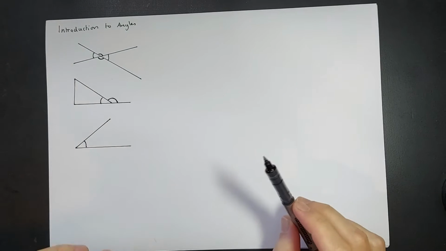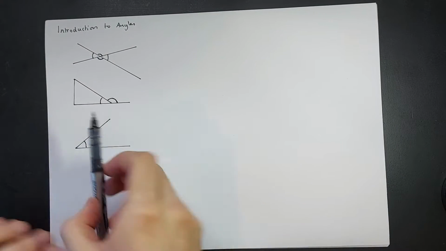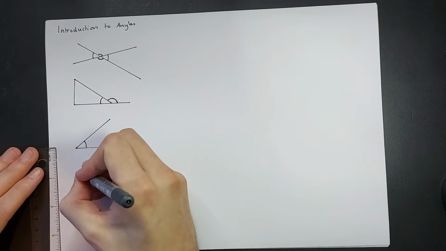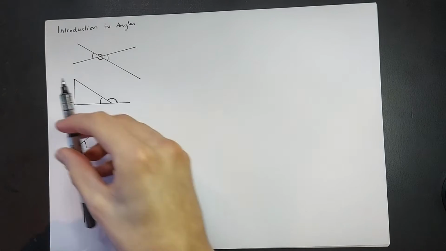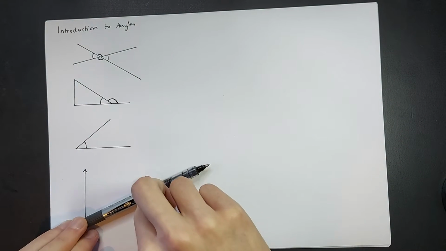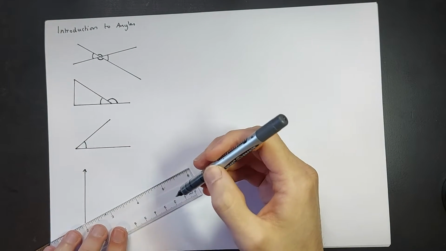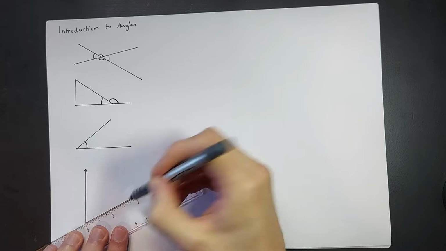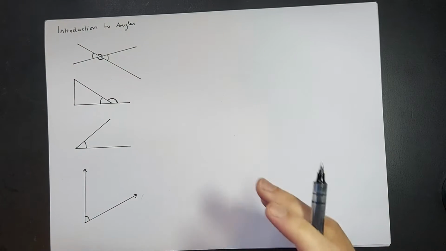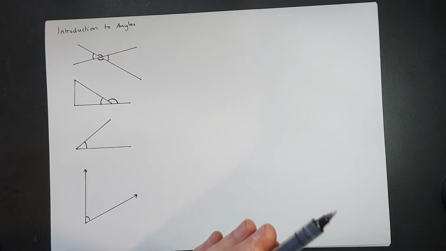The other way you can think about angles is maybe you start off pointing in one direction. So let's have, maybe we're facing this direction, and then I'm going to turn through an angle to face a different direction. So let's say now I'm facing this direction. The other way you can think about angles is, rather than two things meeting and creating an angle, something turning around at an angle.